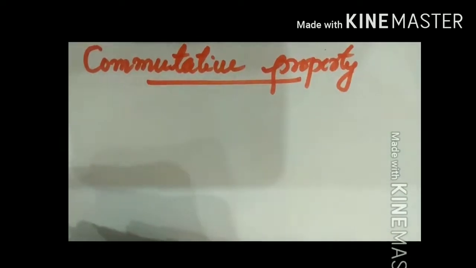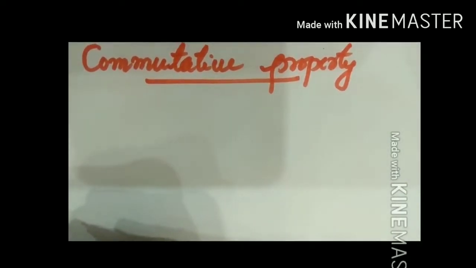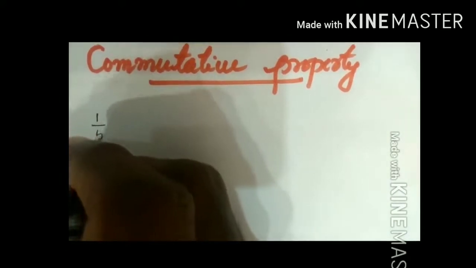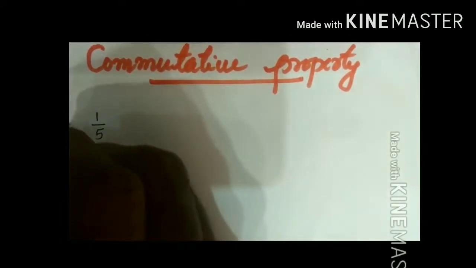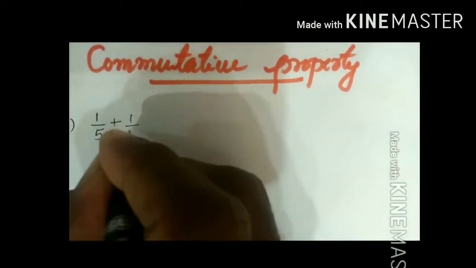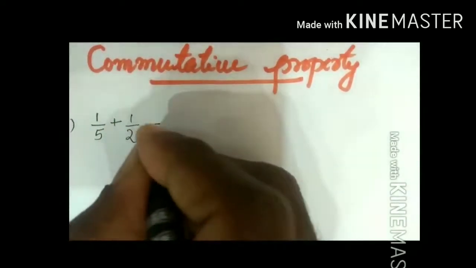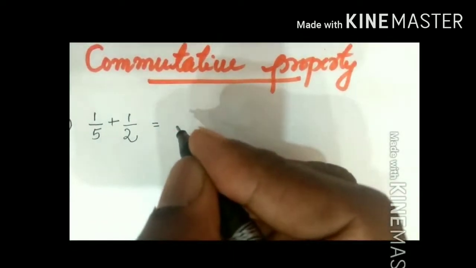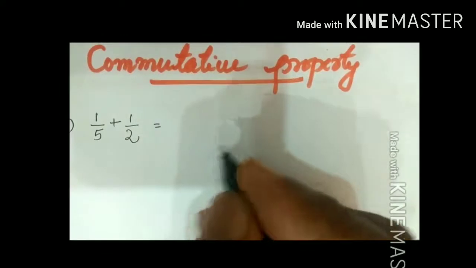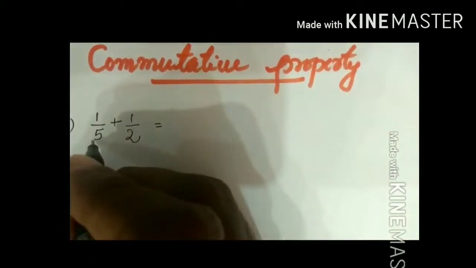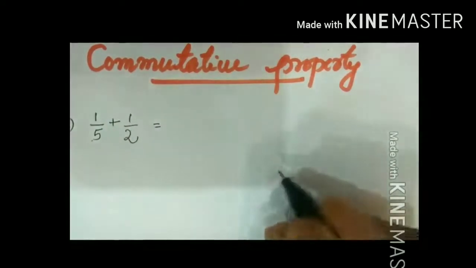Let's take the numbers 1 by 5 and 1 by 2. Let's find the sum of 1 by 5 plus 1 by 2. What I'm going to do is add the rational numbers 1 by 5 and 1 by 2. Before adding, let's check the denominators.